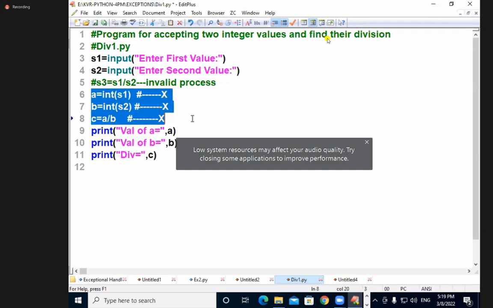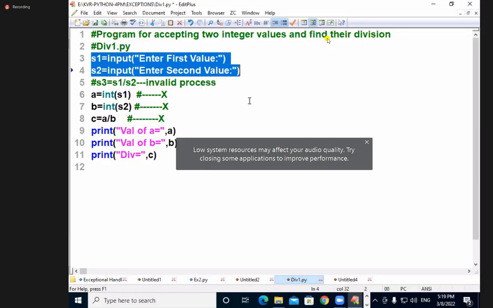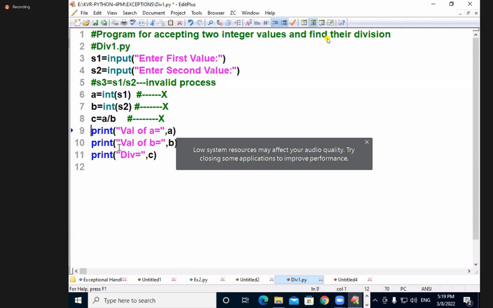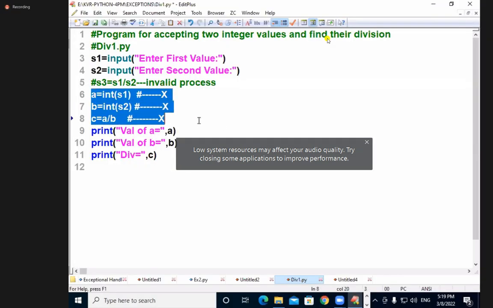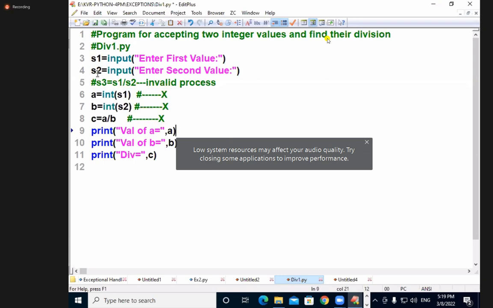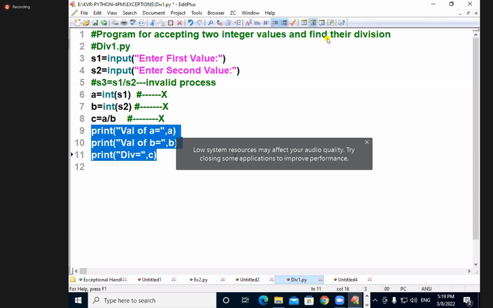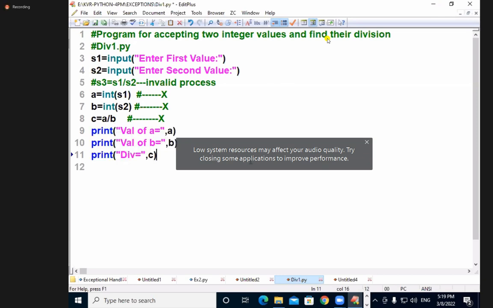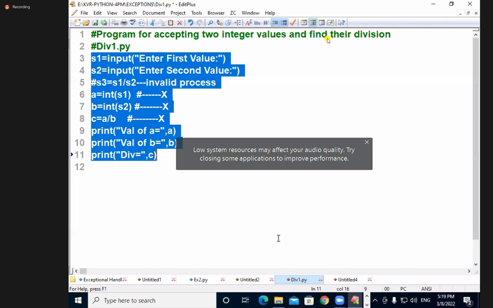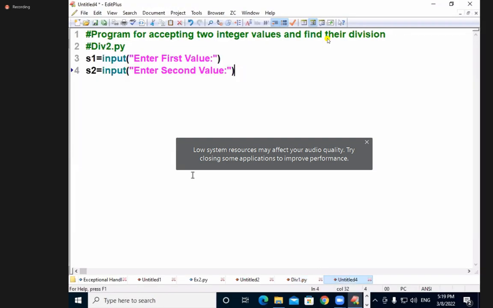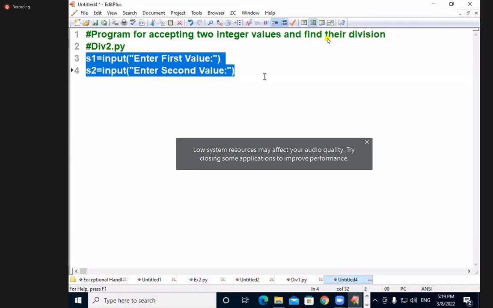Definitely these statements depend on this line, and the lines below also depend on these lines. What are the most important lines here? 6, 7, 8. These 3 lines have problems. Automatically the 2 lines before and 3 lines after also come under the problem. What students, are you following? So definitely I will take this entire thing and I will put it where? In try.